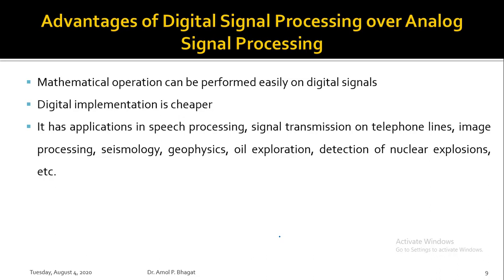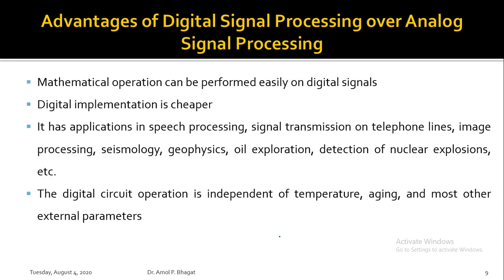So the operation of a digital circuit does not depend on the precise value of the digital signal, okay? Therefore a digital circuit is less sensitive to the tolerance of the component value compared to an analog circuit. So the digital hardware or digital signal processing system has more accuracy as compared to an analog signal processing system.